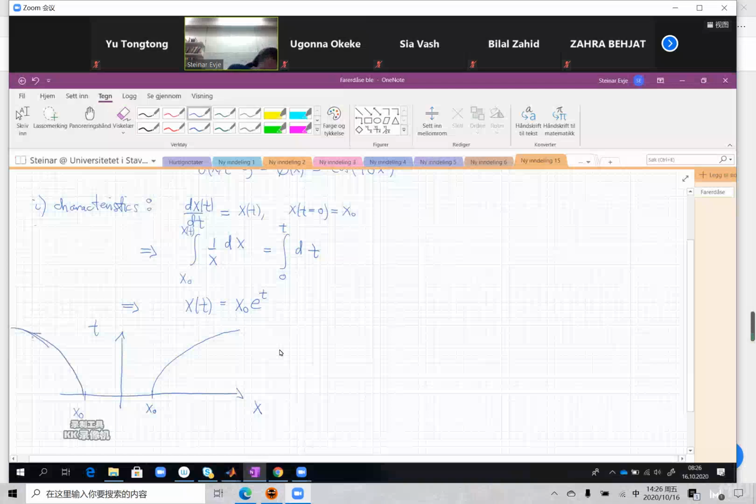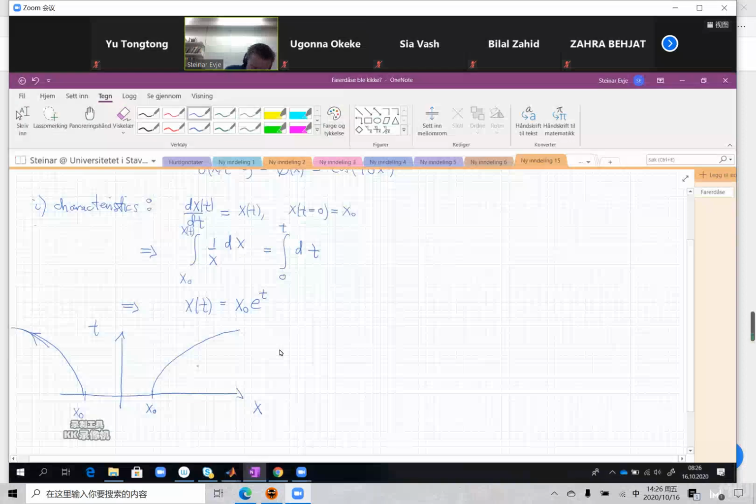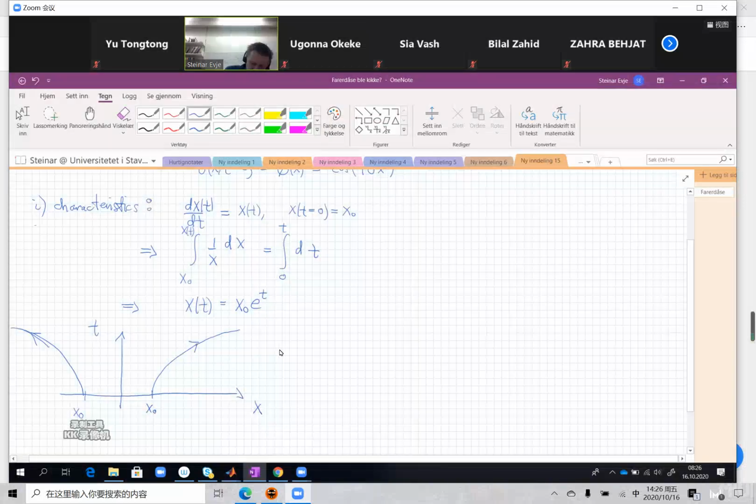So when we walk along this characteristic, we move quickly to the left. When we start at a positive x0, we move exponentially fast towards the right. So this is the transport involved in this equation, considered from the characteristic point of view.